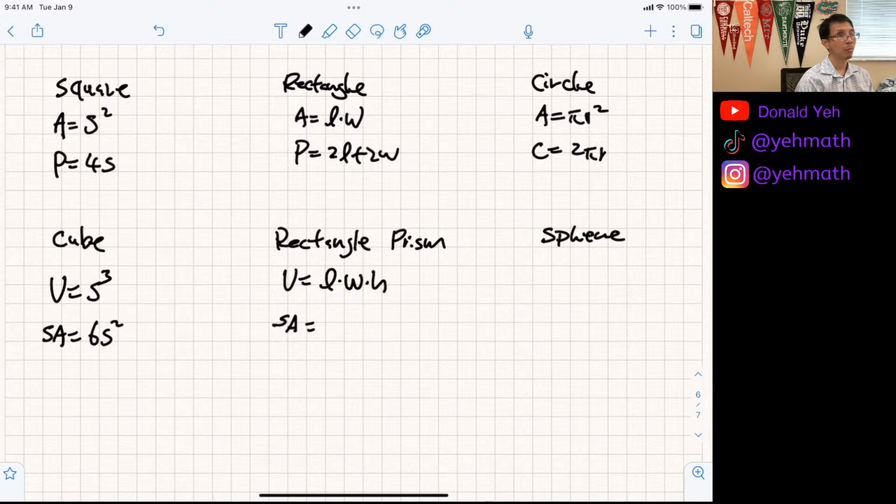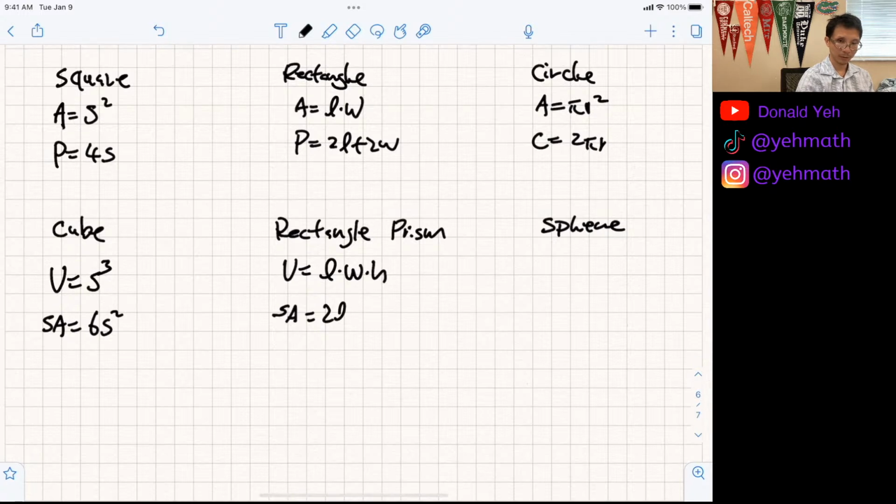Length times width times 4 plus the other length times width times 2. There's a problem. You're assuming the two sides are equal. Yes, Sheldon? 2 times, in parentheses, length times width plus width times height plus length times height.